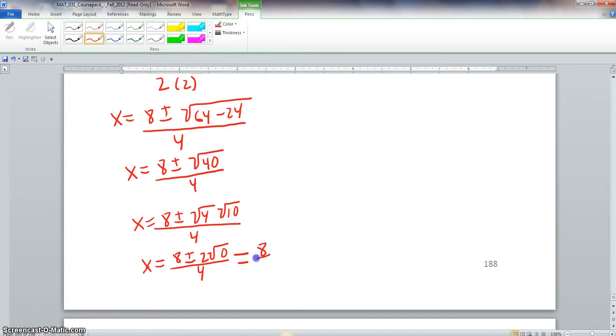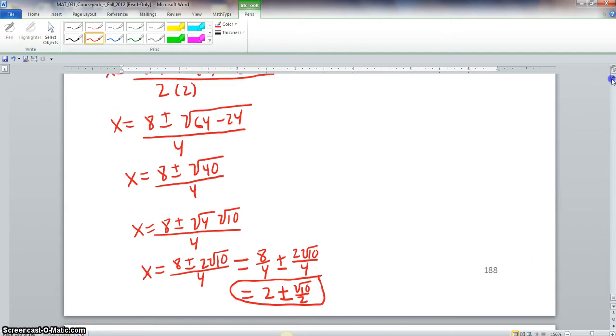So it'll be 8 over 4 plus or minus 2 square root 10 all over 4. 8 divided by 4 is 2, and the 2 can go into 4 twice, so this will leave us the square root of 10 over 2. So it'd be 2 plus or minus the square root of 10 over 2, and that is the final answer here.